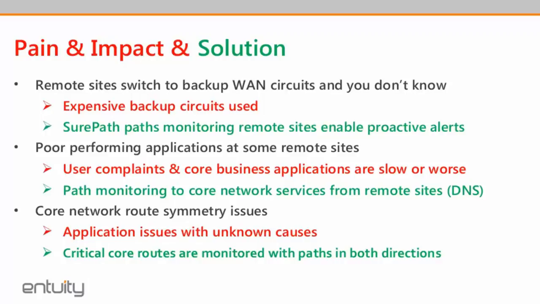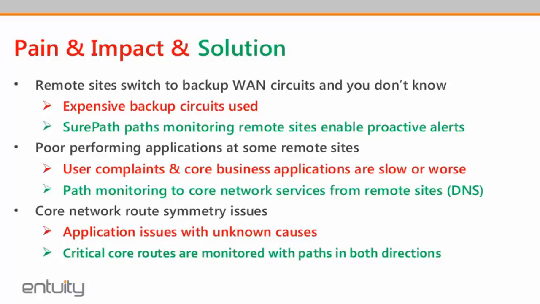One of the other problems that can occur in networks today is that there are route symmetry issues. Most modern networks are architected with multiple paths from one point to another within the network.